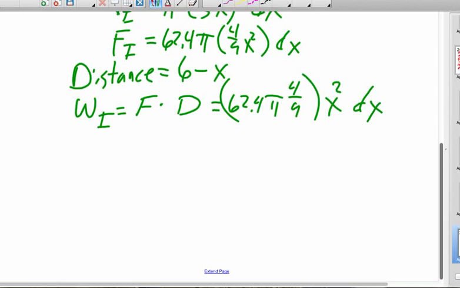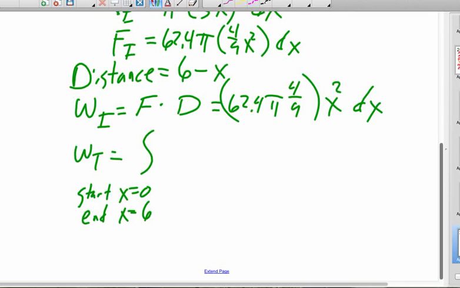So all of this will come out front. You'll have to do multiplication and so on. Now to get my total work, I'm going to have to integrate this thing. When I start, x is 0, and if I'm going to empty it, then my end x will be 6. Remember, that's the distance up we're coming. So it's the integral from 0 to 6.